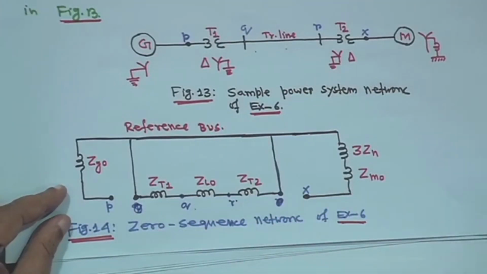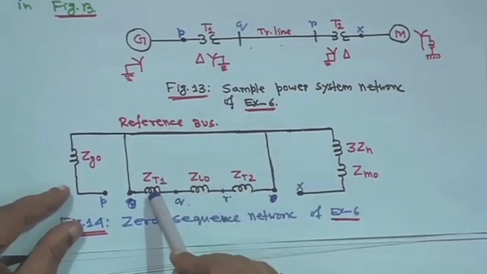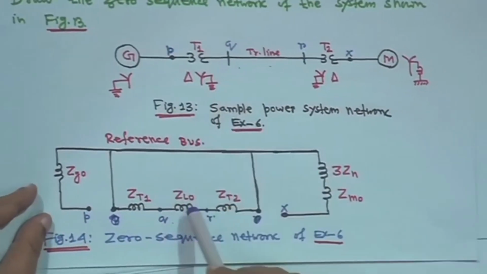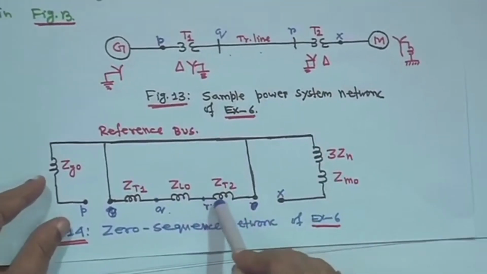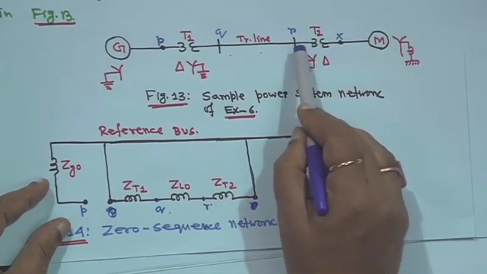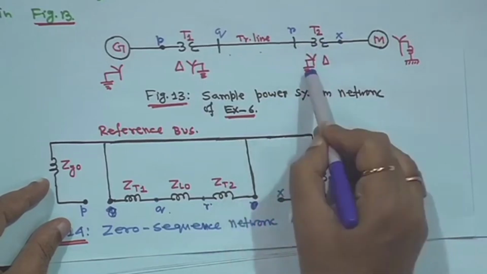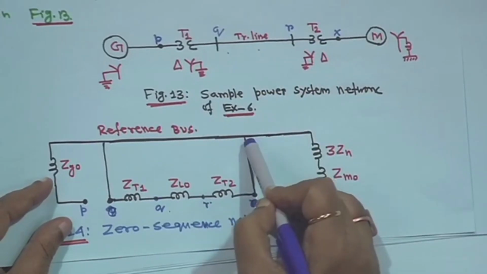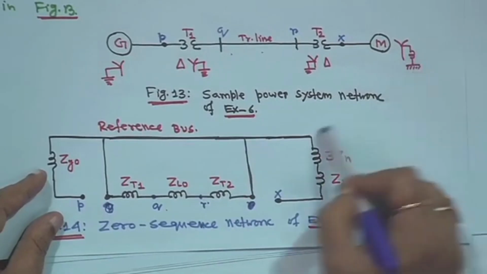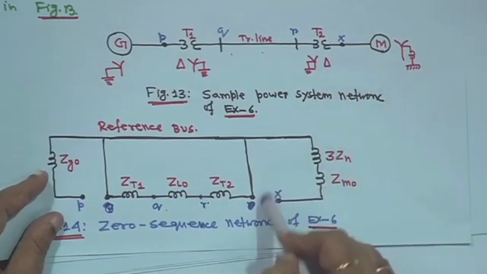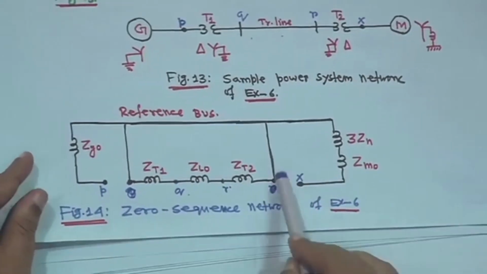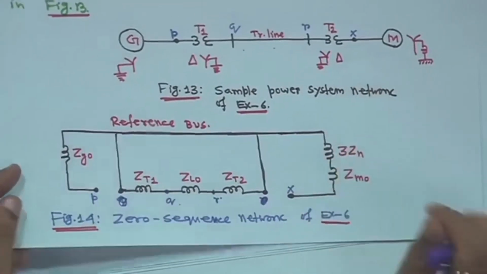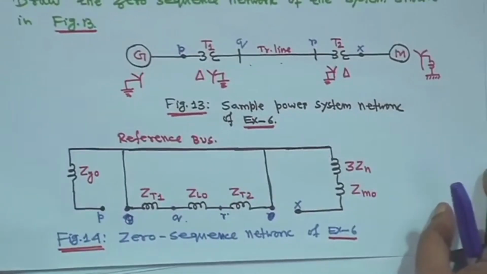So, this is actually transformer ZT1, then point Q will come, then the transmission line ZL0, then after this, point R, that is your ZT2, and the star is grounded. So, connect it, and here the star is grounded and connected, but this is delta, this is star, so isolation is there and it cannot be connected. So, this is the zero sequence network for this network.